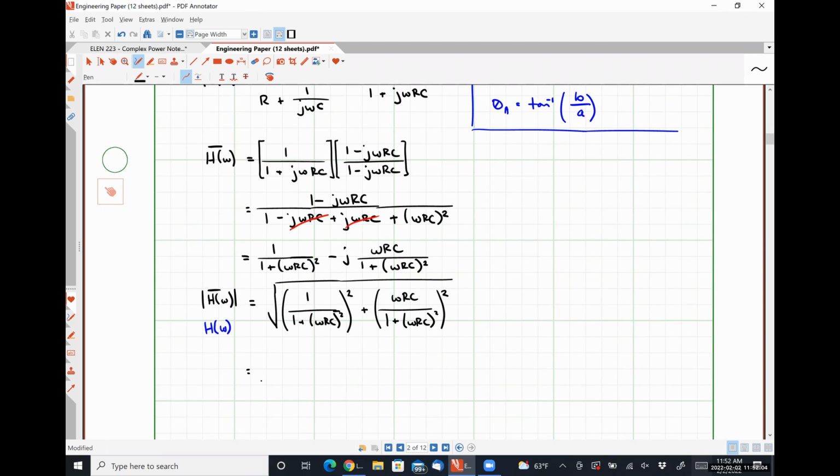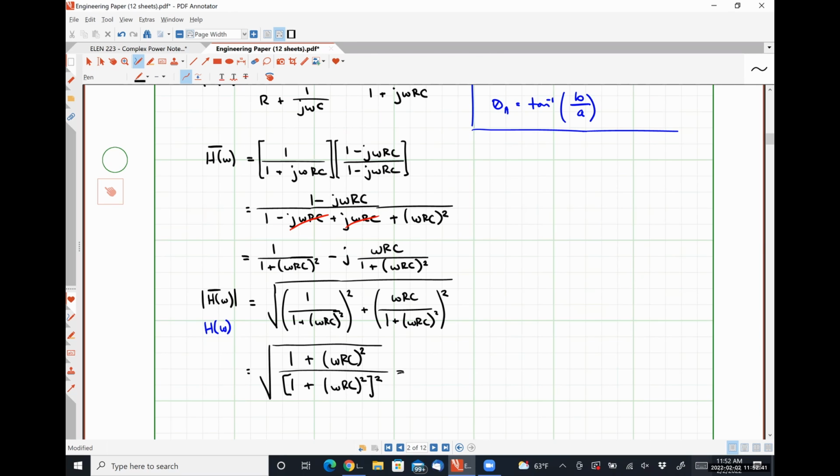And from this, I get 1 squared, which is 1, plus omega RC quantity squared, divided by 1 plus omega RC quantity squared, this whole thing squared in my denominator.